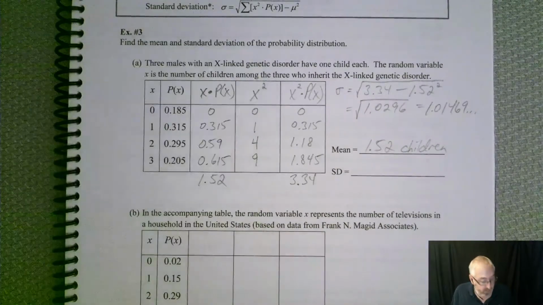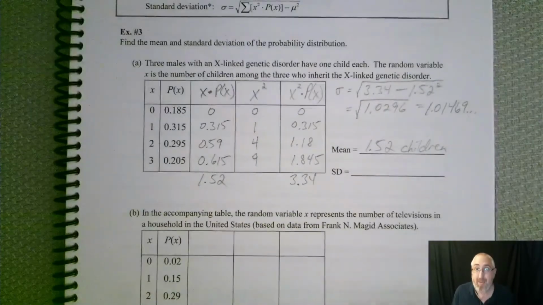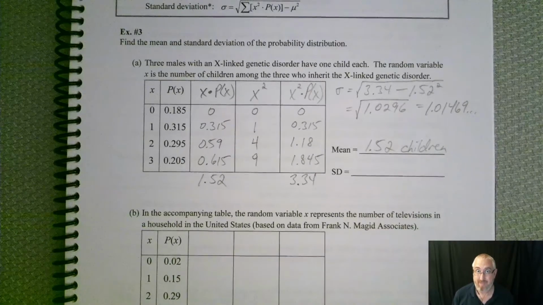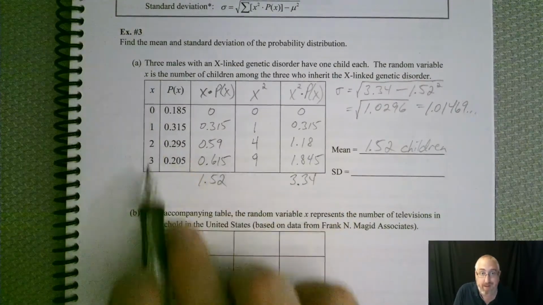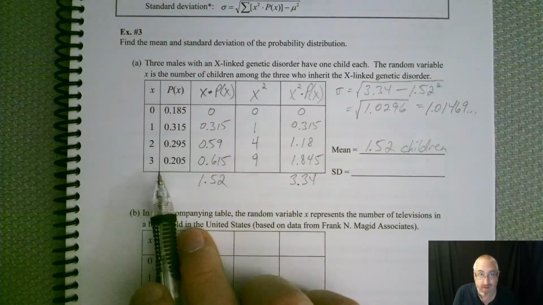Okay, so now the million-dollar question. How many decimal places do we need? Well, remember the rule, the round-off rule from chapter 3. When we're finding means and standard deviations, what was the rule? You carry one extra decimal place than your data. So our data, remember, is just a number of children.